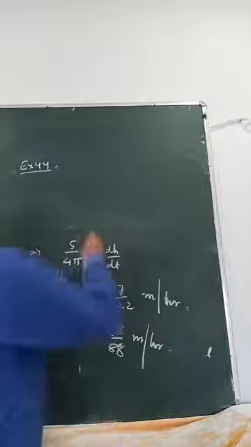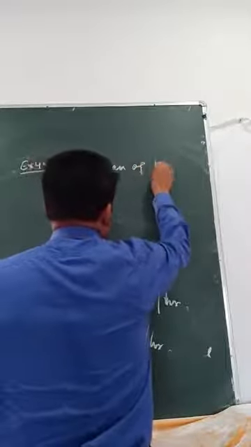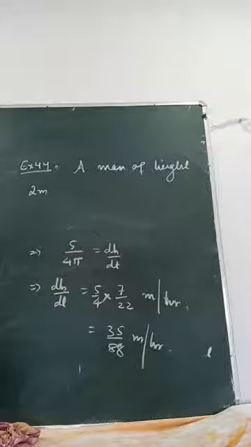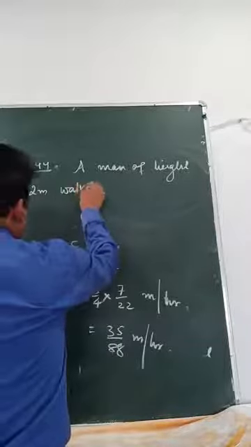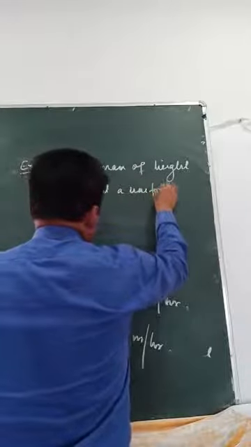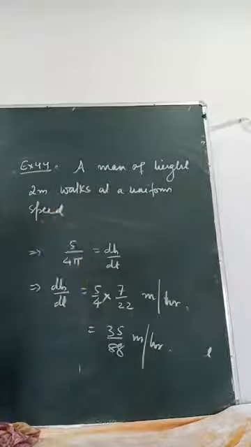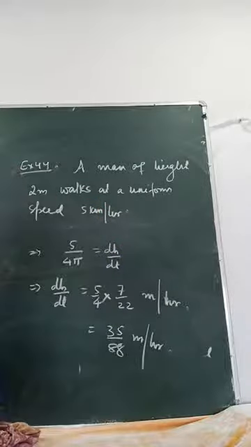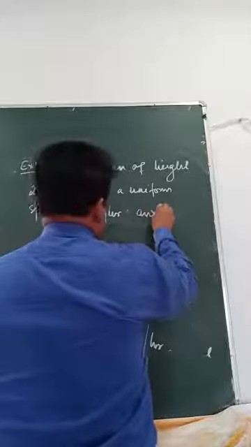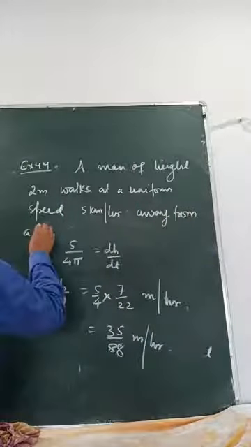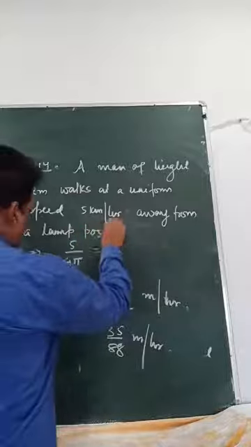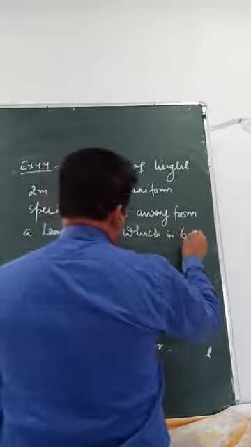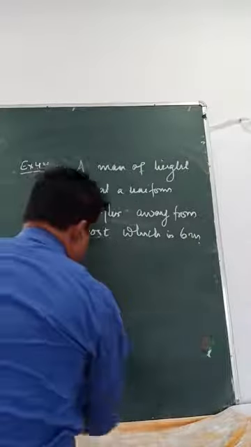A man of height 2 meters walks at a uniform speed of 5 kilometers per hour away from a lamp post which is 6 meters high.